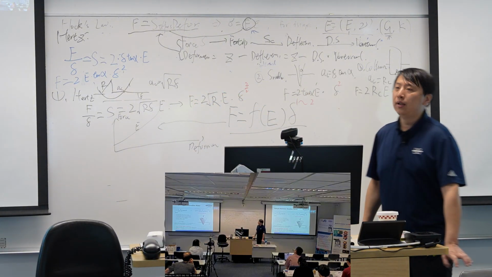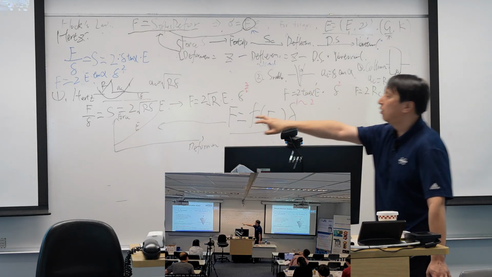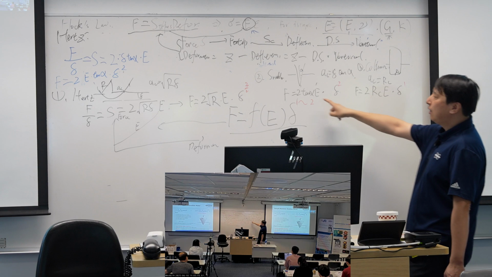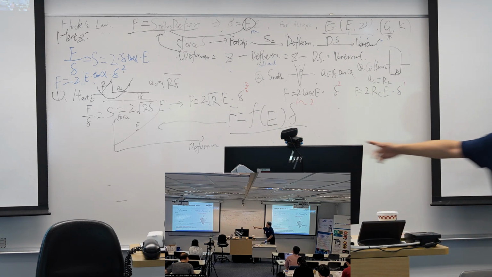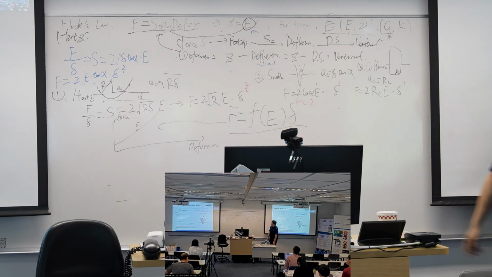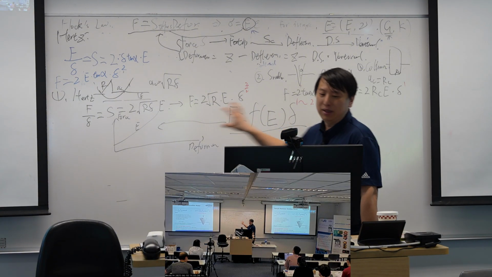So usually we will do this curve, and from this curve we do the fitting. We get the order, we get the coefficient, and from the coefficient we can get the modulus out. That's what we use on the nanoindenter. That's the classic way.